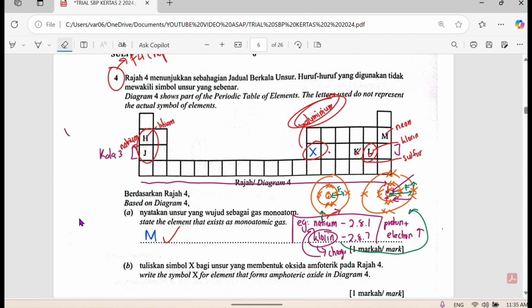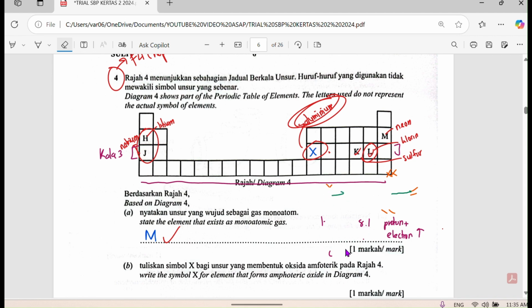I hope you understand the size for period 3. Just hold on a minute, let me erase all this.